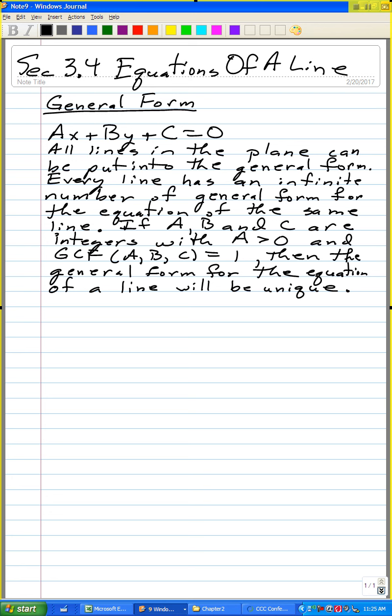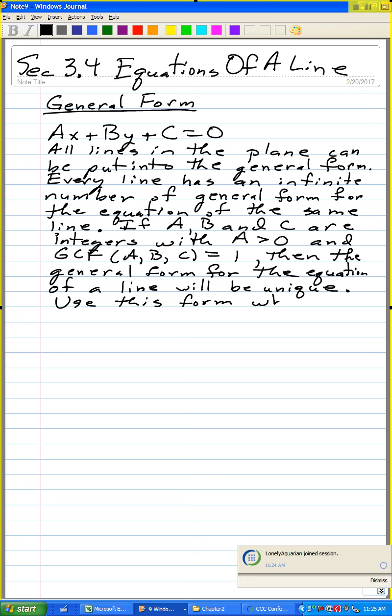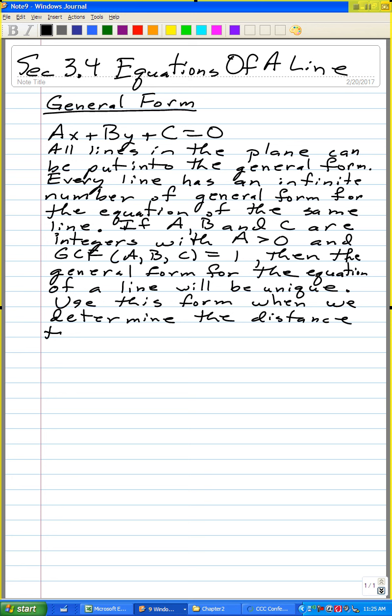So usually we use this form when determining the distance to a line.